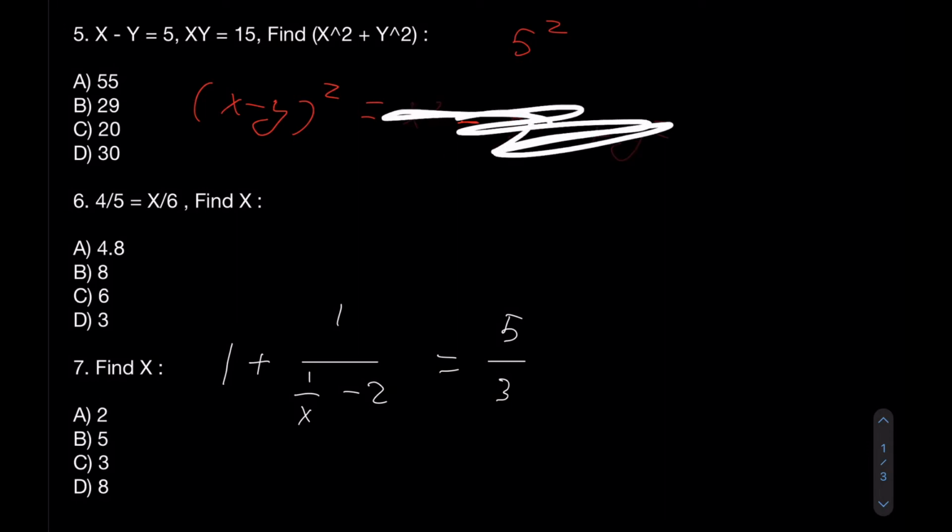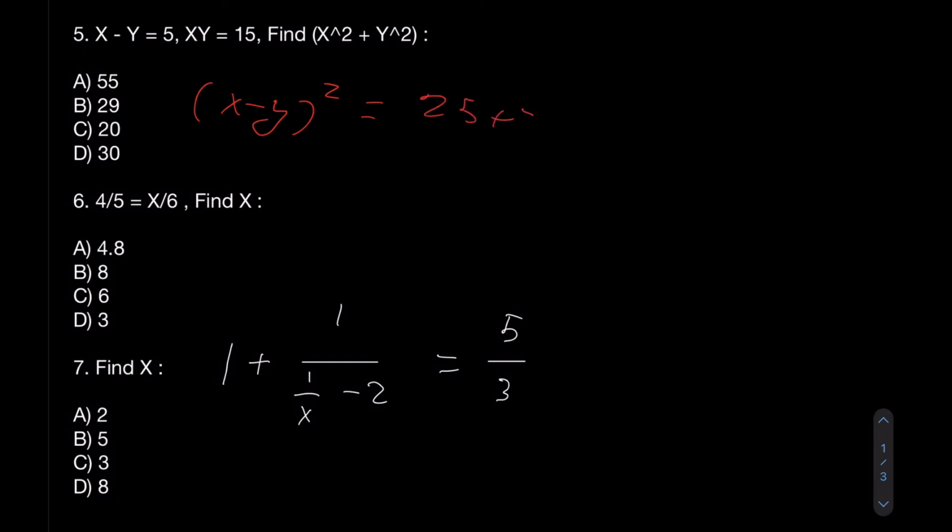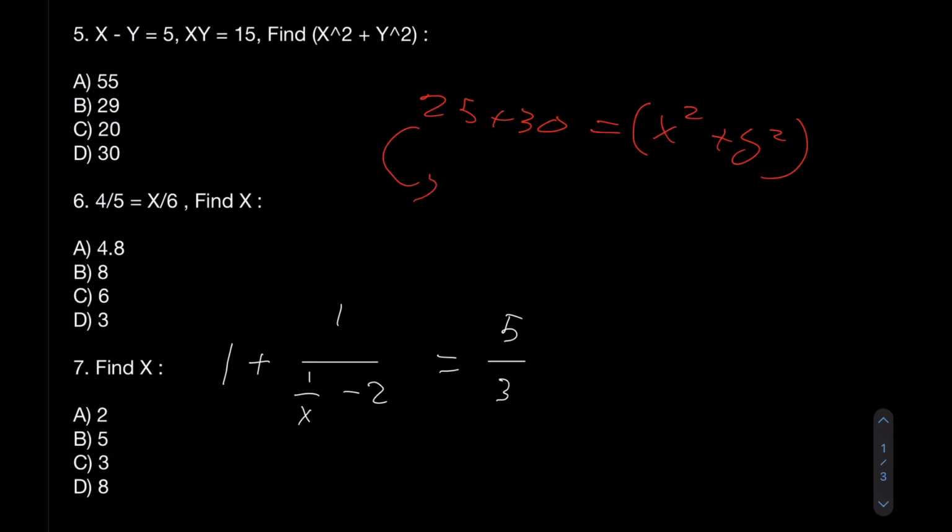So if we remove all of this mess, what we end up with is 25 plus 30 is equal to, and we can even ignore the whole first part of the section, x squared plus y squared. And if this is 55, that means this is also 55, and so we'll end up with A.